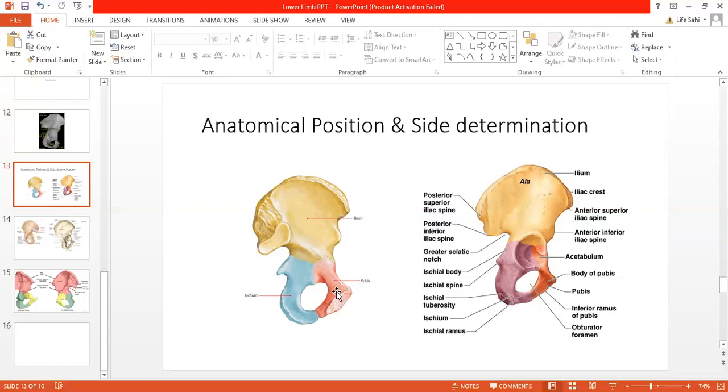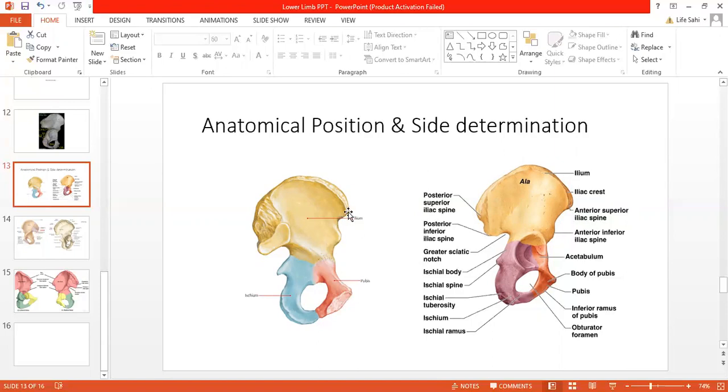The third point is to understand the location of the pubic tubercle. The body of the pubis superiorly has a bony projection called the pubic tubercle.